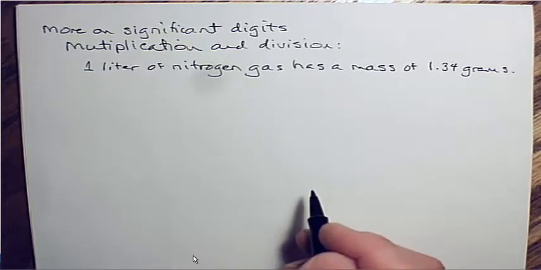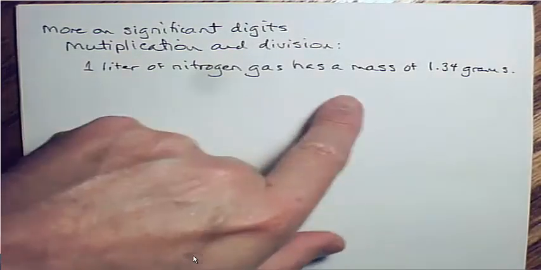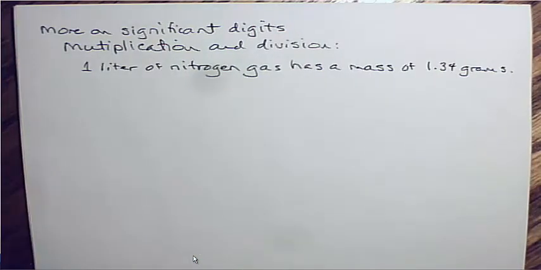Now I'm simplifying this a little bit because this relationship only applies if the temperature is, I believe it's 0 degrees C and the pressure is 1 atmosphere. Gases change their volume with changes in pressure a lot, very easily.